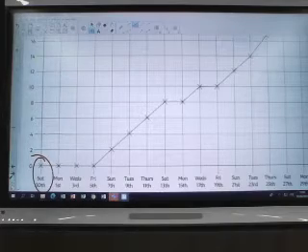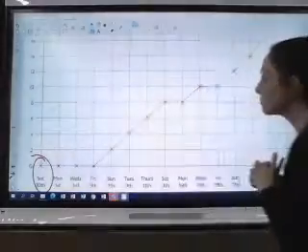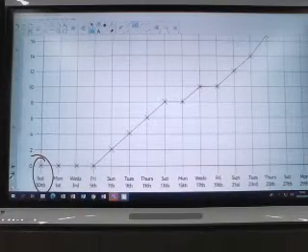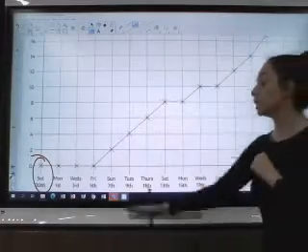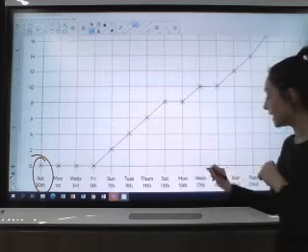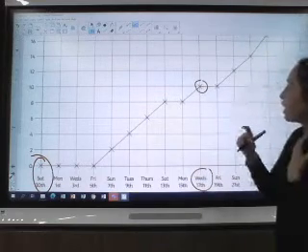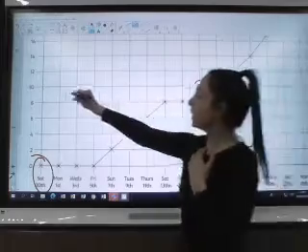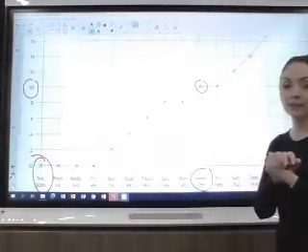Okay, so if you were asked a question on this line graph, such as, how tall was the sunflower on Wednesday the 17th? You would go along to Wednesday the 17th, you'd then follow it up, make sure you are accurate, and then follow it along, and your answer would be 10 centimetres.